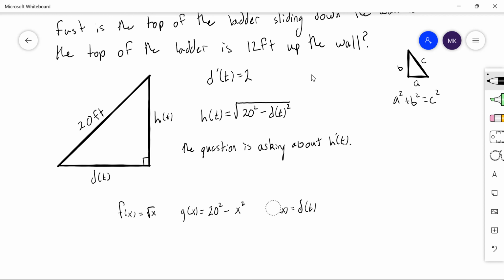I used h of x here, so I'm going to change that. We'll just call that j of x, d of x. So we compose these together to get what we want.